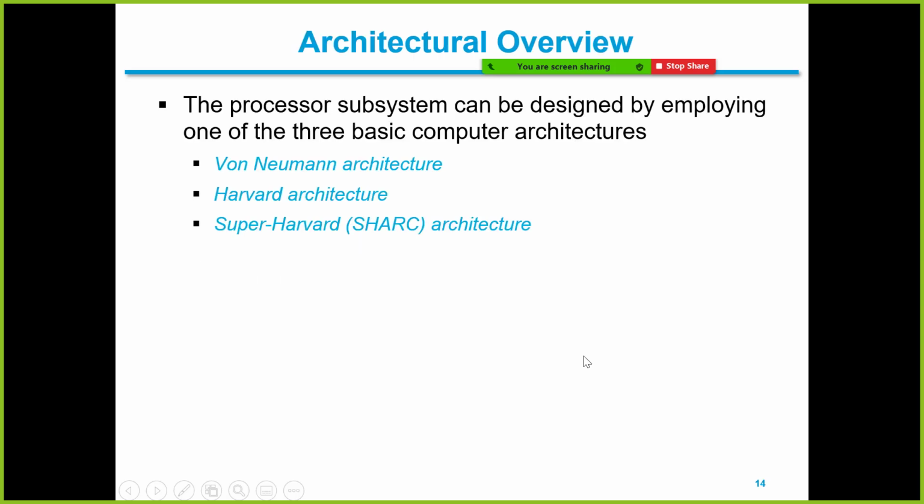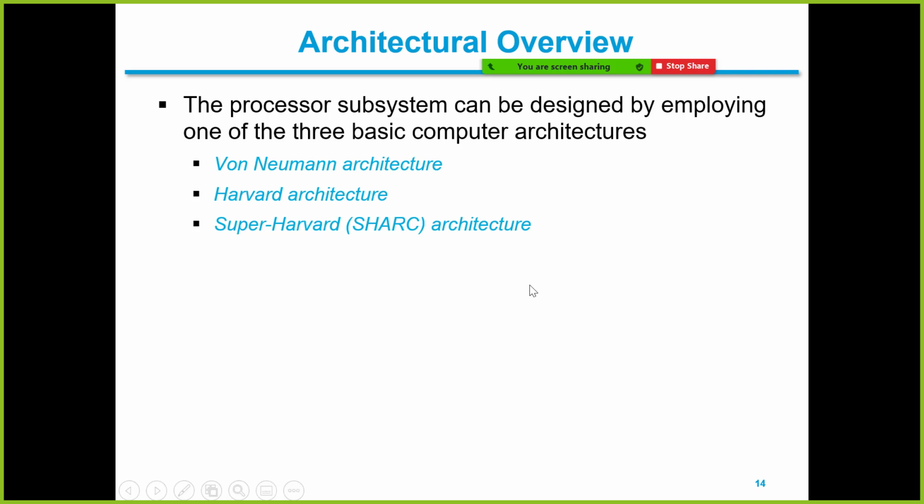Architecture overview. There are three basic computer architectures that can be used for a sensor node architecture. The first one is the von Neumann architecture, the second is the Harvard architecture, and the third is the super Harvard architecture.